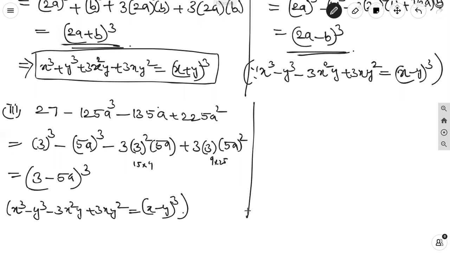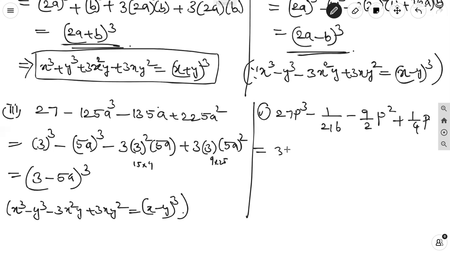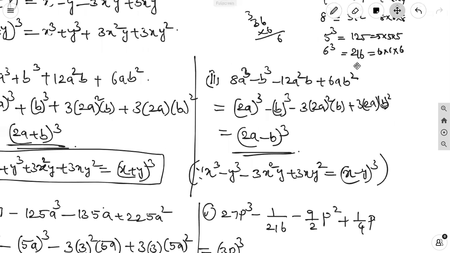You do homework, the fourth one. The fifth problem is 27p cube minus 1 by 216 minus 9 by 2 p square plus 1 by 4p. Again here 27 is 3 cube, so 3p whole cube minus 1 by 216. 216 means it is the 6 cube.